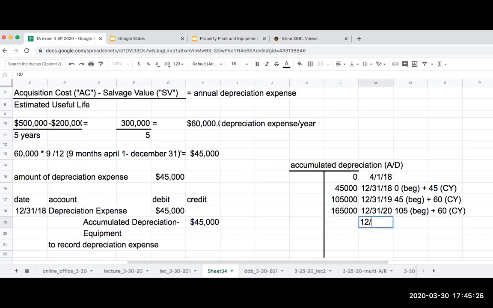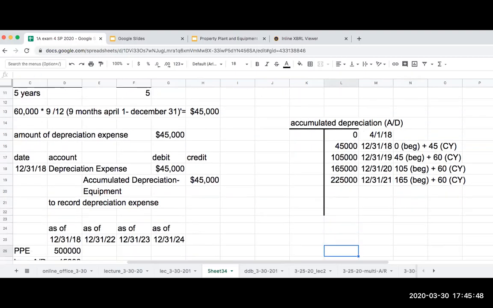Okay, we get to 12/31/21, and my beginning amount is $165,000. I'm going to go ahead and take another $60,000 in the current year. So this is going to be $165,000 plus $60,000, or $225,000.